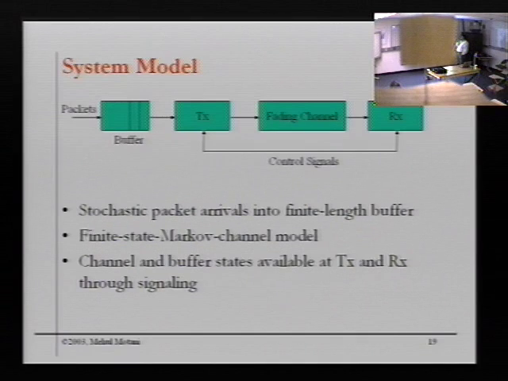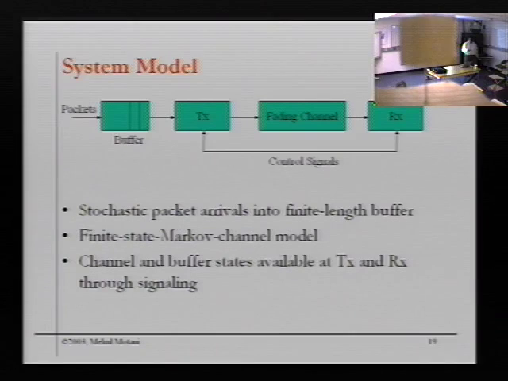It's very simple. As I said, it's a single user point-to-point system. We have a fading channel, transmitter, receiver, and the main difference from a traditional communication system is I have stochastic arrivals, so I buffer data. Stochastic arrivals into a finite length buffer.